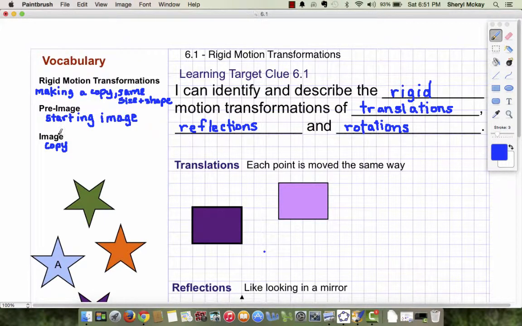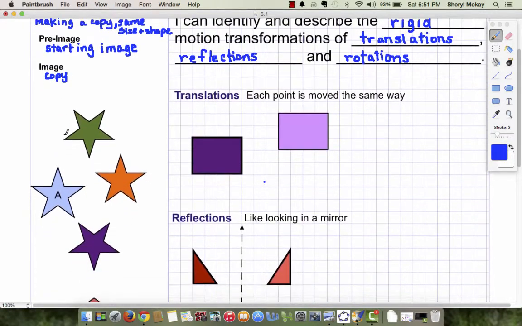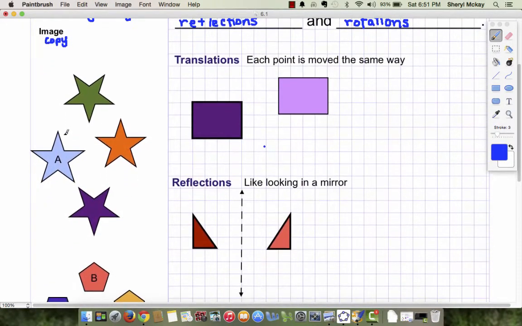All right? Now, let's talk a little bit about our first type of rigid motion transformation, and that is a translation. Now, a translation, if you look here at this purple rectangle, is just taking every single point on your image and moving it the exact same way.